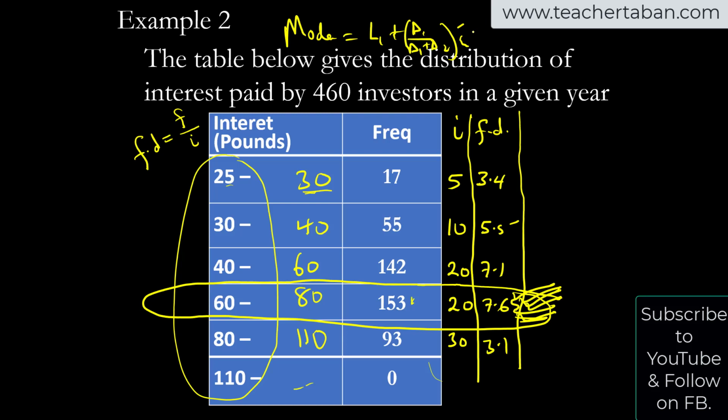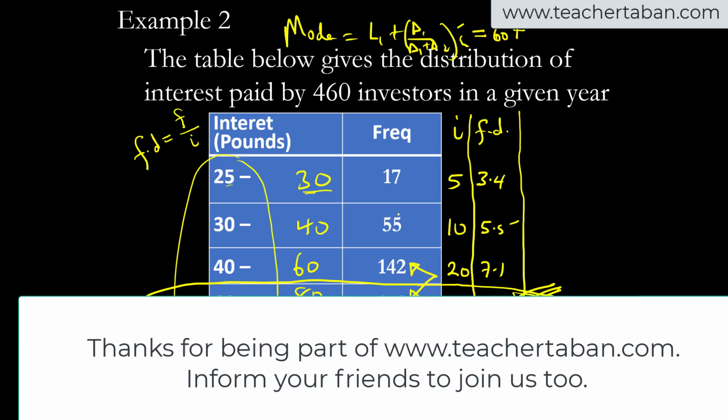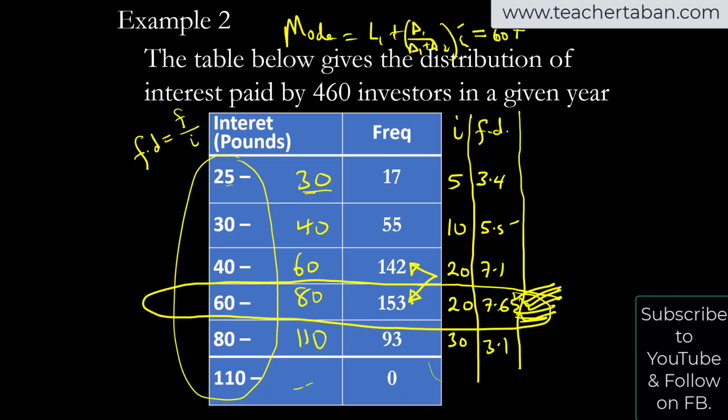So our mode, therefore, will simply be equal to the lower class boundary, which is 60, plus D1. D1 is the difference between the frequency of the modal class and the class before it. So 153 minus 142, we shall get 11. So plus 11 over 11 plus D2, where D2 is the difference between the frequency of the modal class and the one after it.